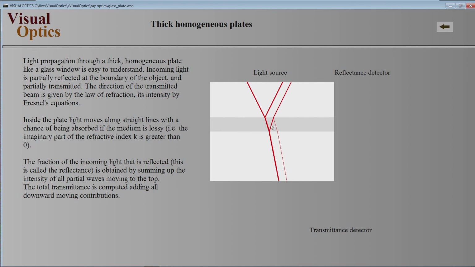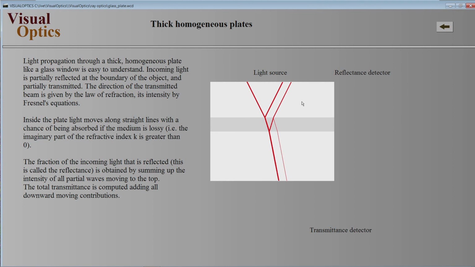The partially reflected beam here goes up, shows up again at the top interface, is partially transmitted, partially reflected, and goes back. So once this beam here hits the second interface again, one part of this is reflected, and so on. So there's a sequence of transmitted beams, there's a sequence of reflected beams. So this is called multiple reflection.